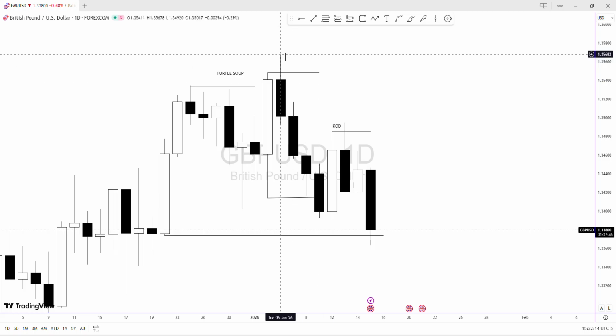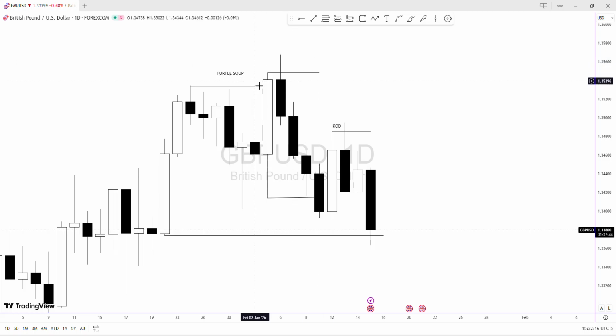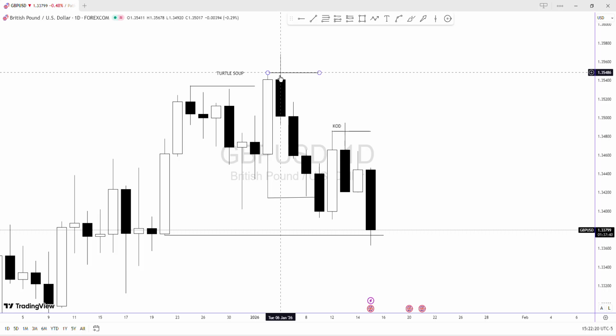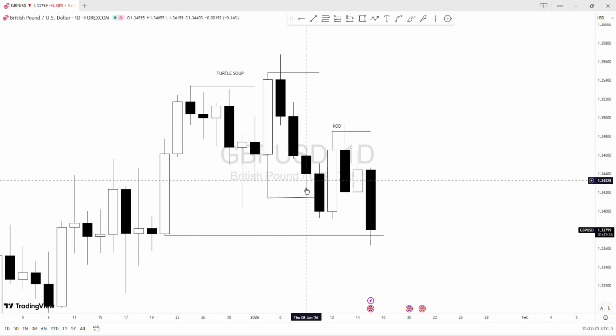Also, as you know, the daily time frame has another range which we will be working with. So this is the range now. You see, consecutively price came down from this.